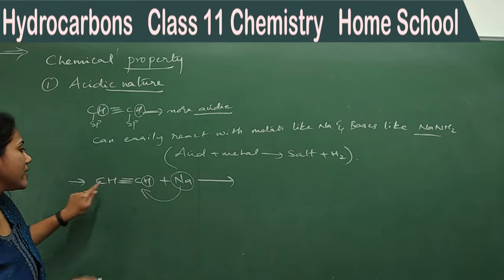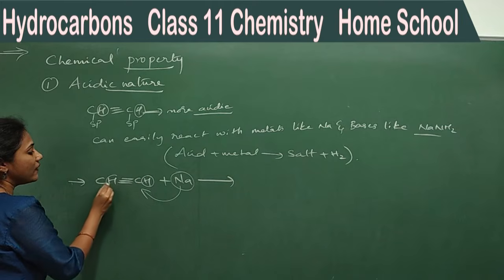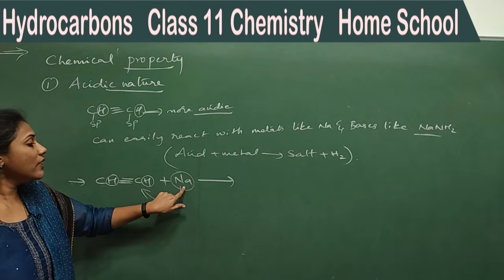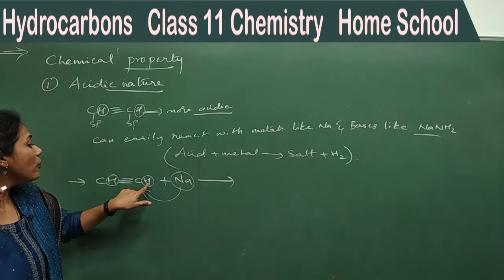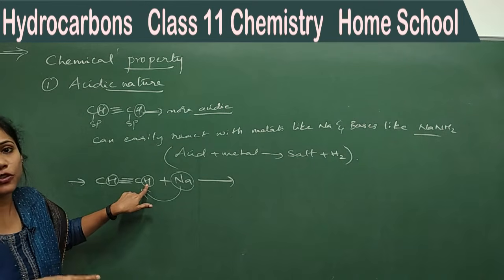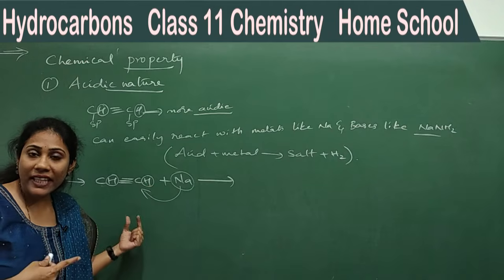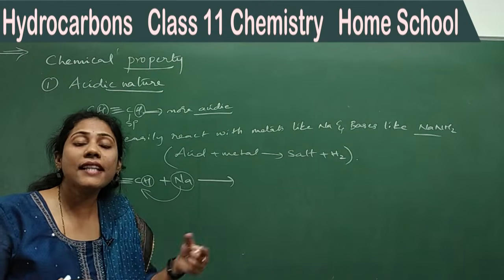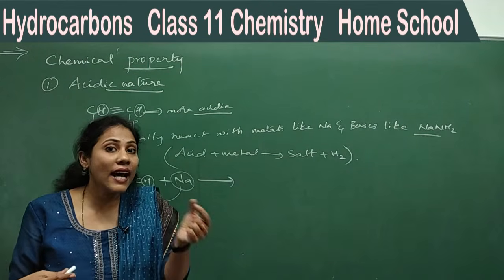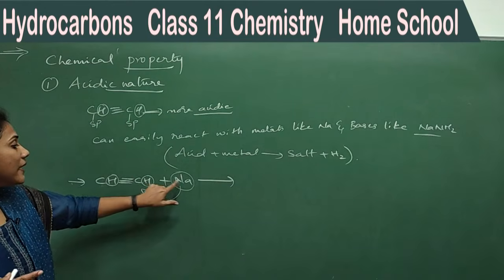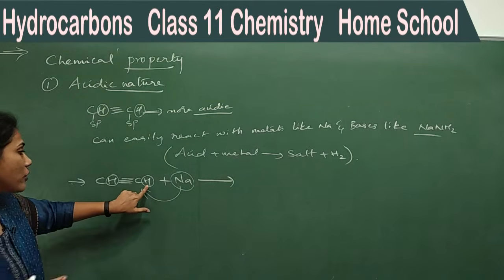Actually, there are two acidic hydrogens, one is this, the other is this. Since there is only one sodium, this metal will displace this hydrogen. That's what metals always do: whenever we treat an acid with a metal, they displace the hydrogen present in the acid. So this metal is displacing this hydrogen. So what do you get?